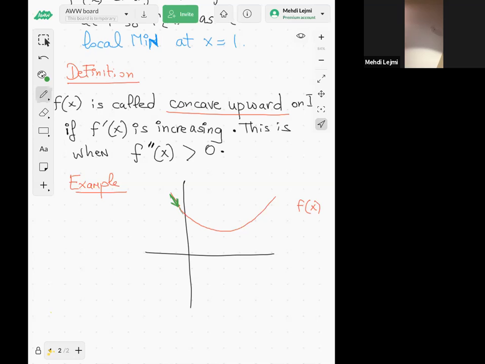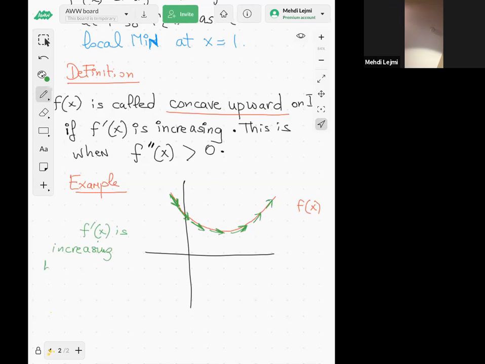So the slope here is negative, still negative, and now it's going to vanish, and now the slope is positive, right? So what I'm saying, guys, is that first your derivative is negative, and then it becomes positive. So in this case, your f prime of x is increasing, right? Because it's going from negative to positive.